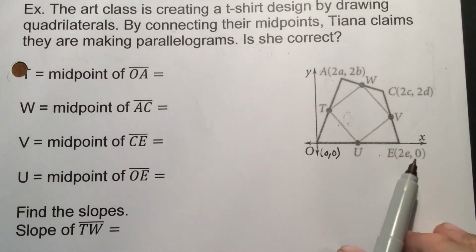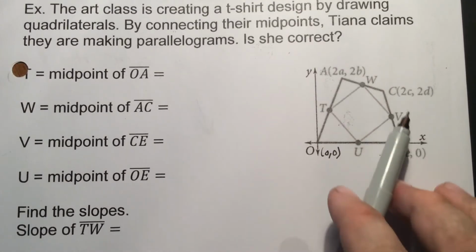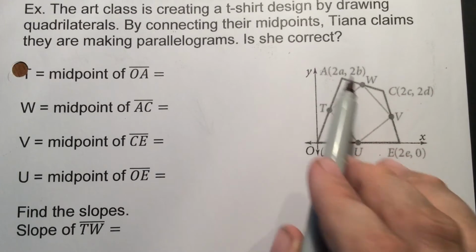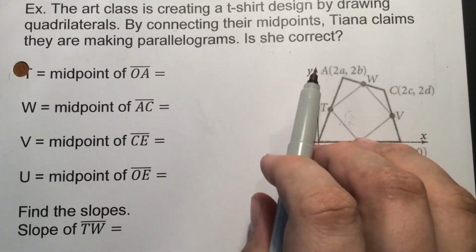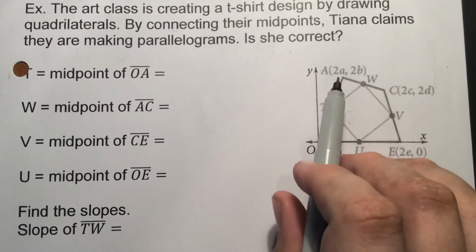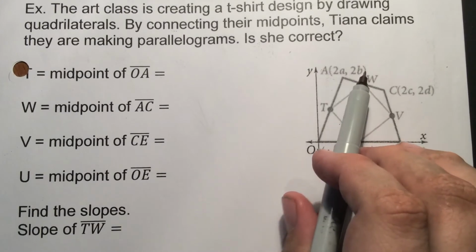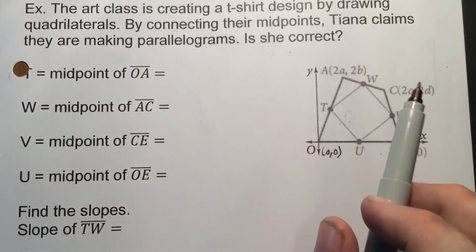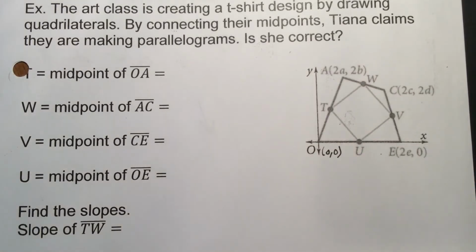From there, this is where they're putting letters in to represent distances. Now, because we're a distance over and a certain distance up, they did A and B. Now, they are doubling this because that makes it a whole lot nicer when we're doing slopes and midpoints where we're cutting stuff in half.